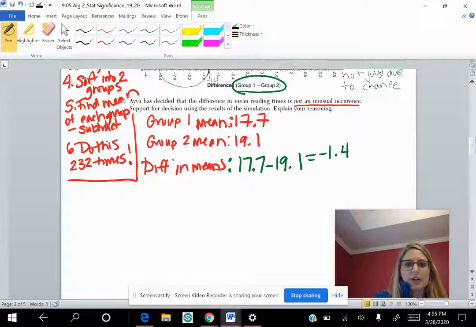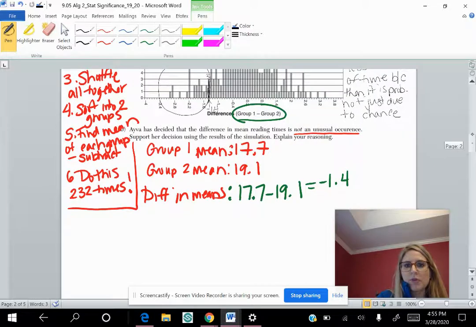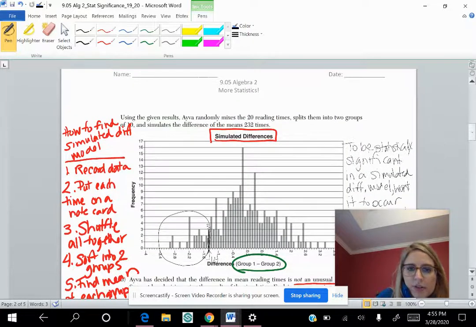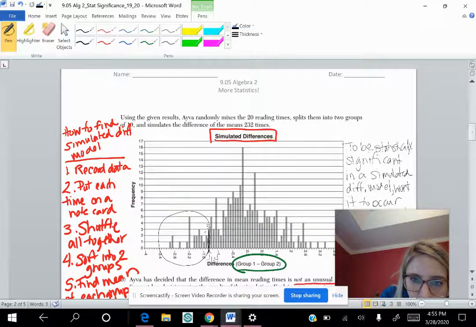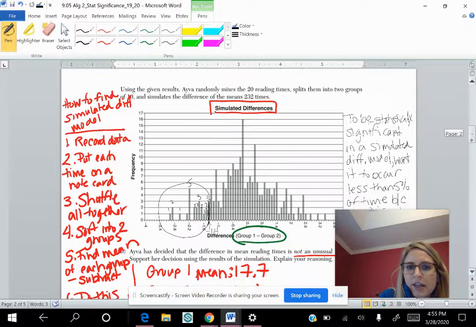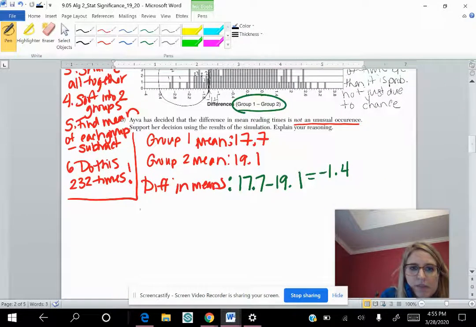All right, so we found our difference in the mean to be negative 1.4. Now I want to add up all of these little bars. So this one, let me make the center again, is 3, then 2, 1, 2, 3, 2, 2, 5, 1, 1, 2, 1. We add those up together, and that gives us 25 times.